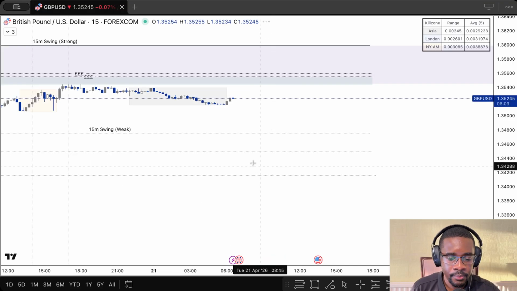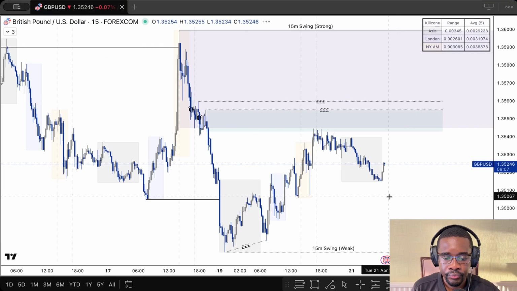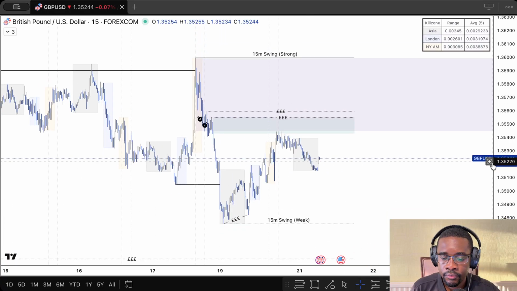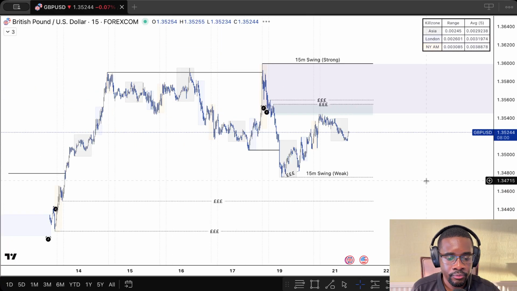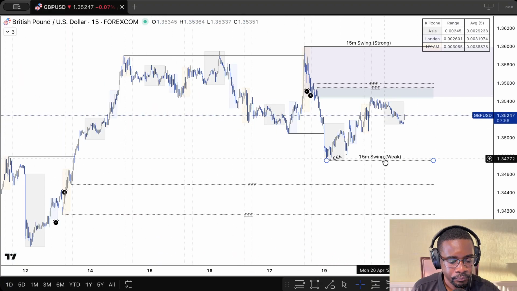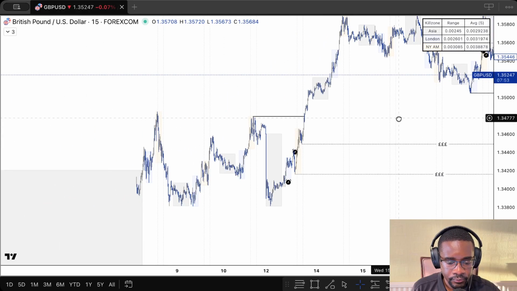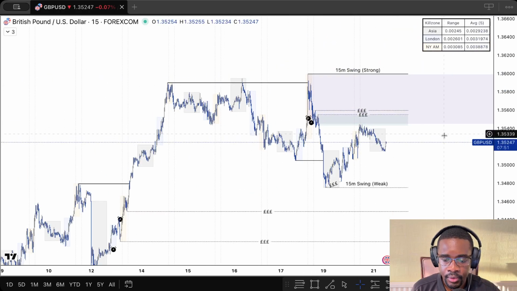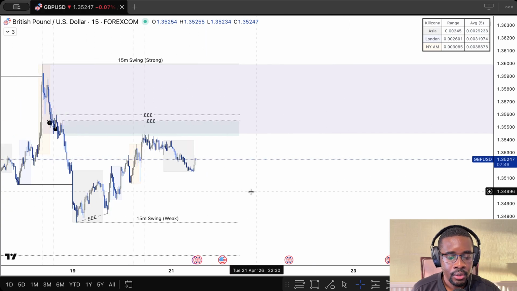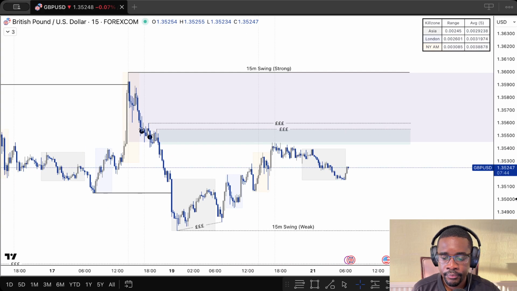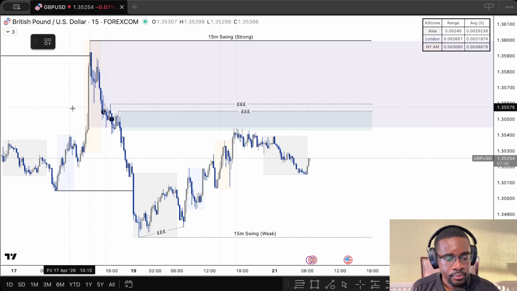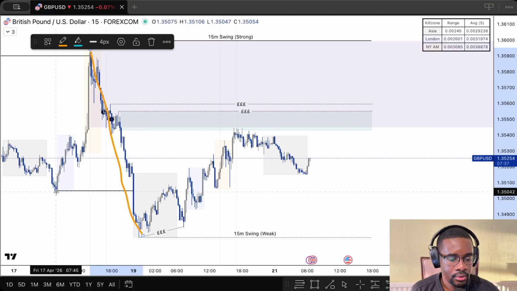So looking at the 15-minute, this is what we have. Okay, so I've not marked that at the bottom. Okay, so current range, this is what we have. Current price action, this was our last break of structure.